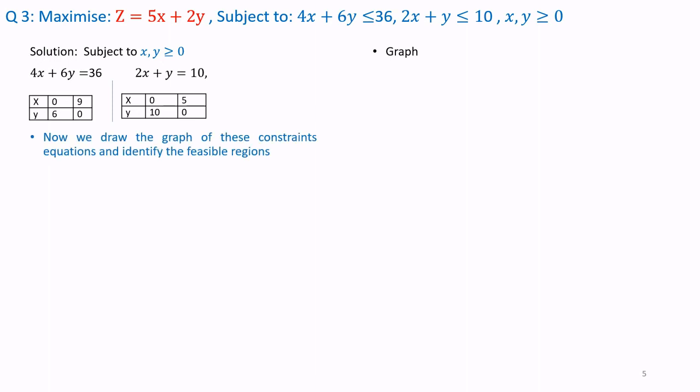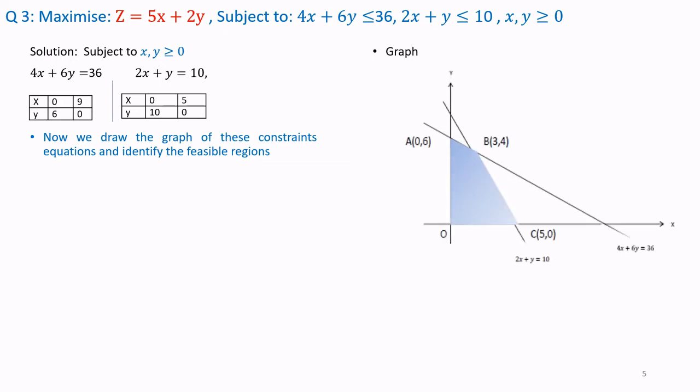Now we draw the graph for these constraint equations and identify the feasible region. So in order to draw the graph, you take out your graph sheet, rubber, scale and pencil. On the graph sheet, you select one point O, that is the origin, on the left side of your graph sheet.